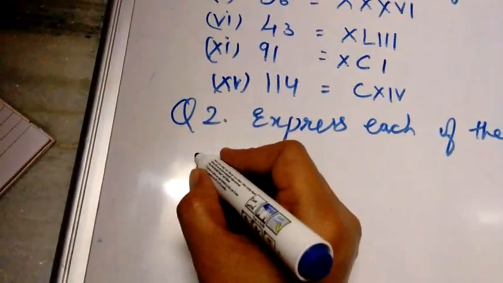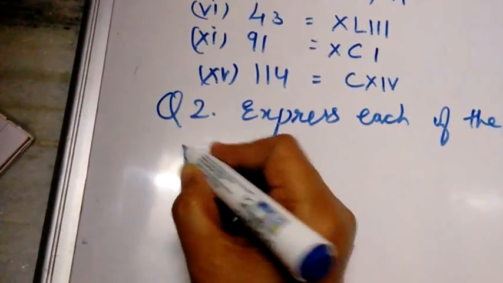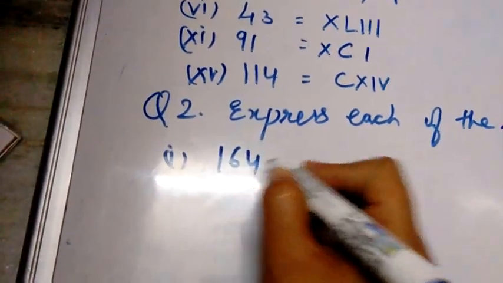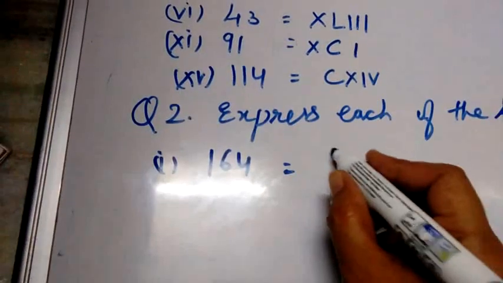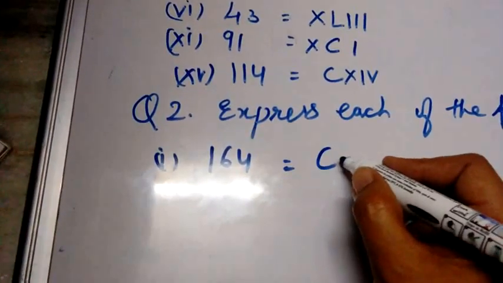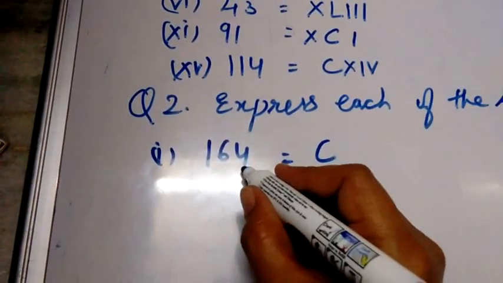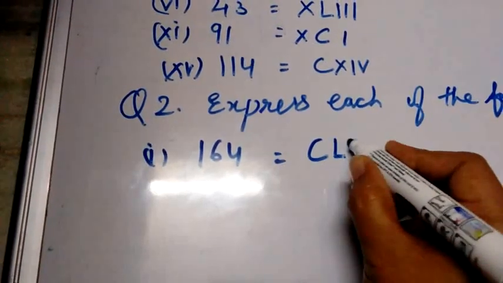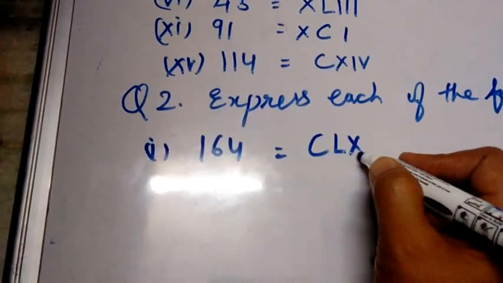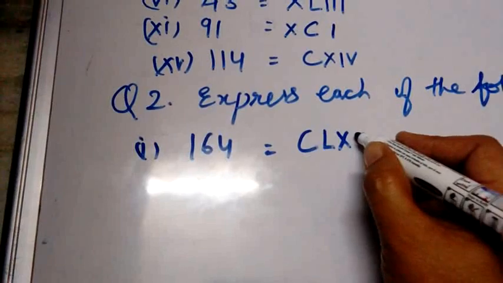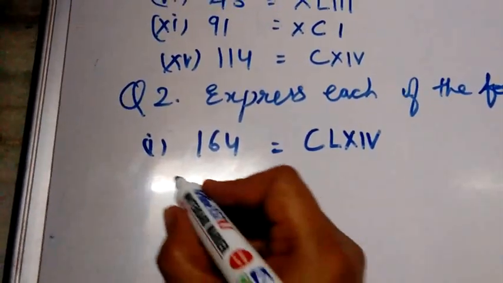So its first part is 164. For 100 we write C. For 60 we write LX. When we are writing X at right hand side of L, that means 60. And for 4 we will write IV.